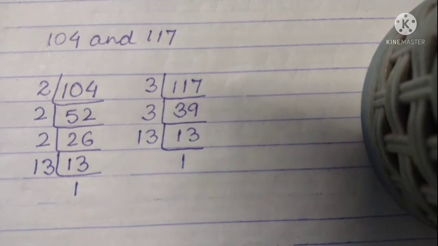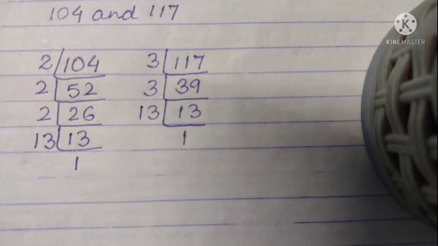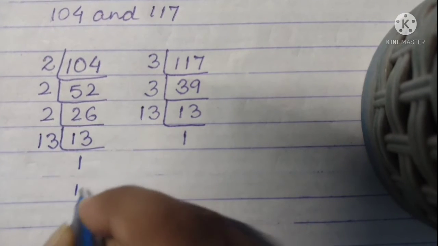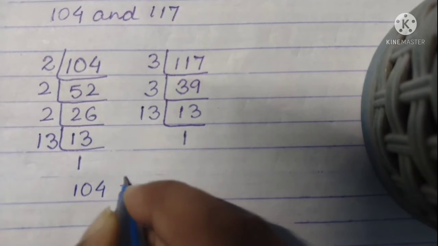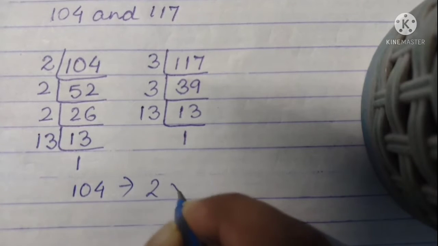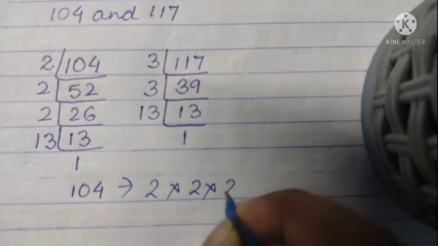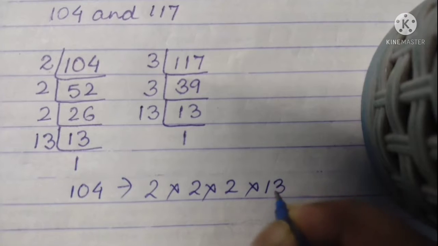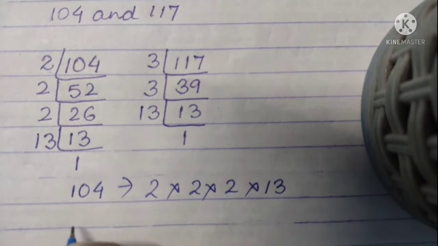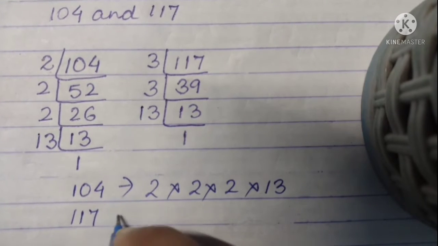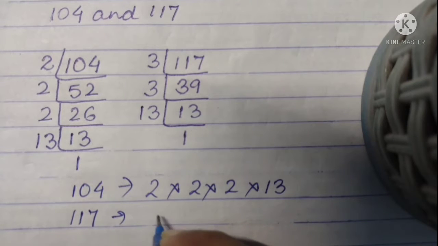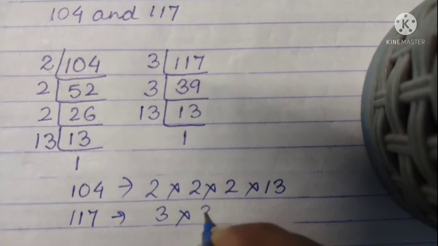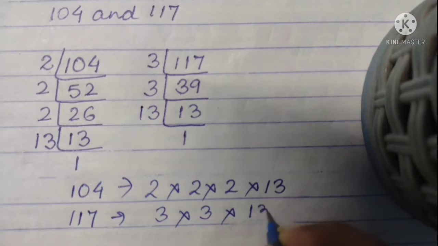The quotient is 1. So 104 can be written as 2 into 2 into 2 into 13, and 117 can be written as 3 into 3 into 13.